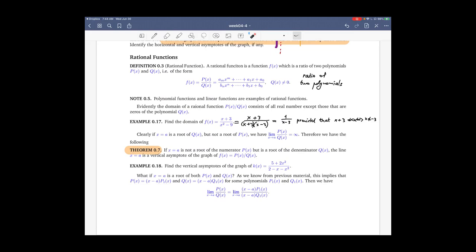Let's try another example. Find the vertical asymptotes of this graph k of x equals 5 plus 2x squared over 2 minus x squared. So in our situation, the denominator q is 2 minus x squared, and it's 0 whenever x is 1 or negative 2.